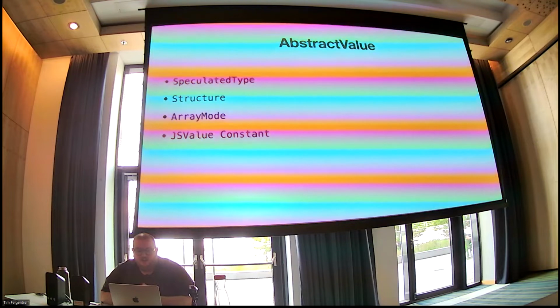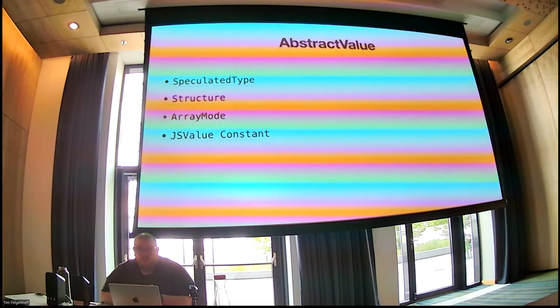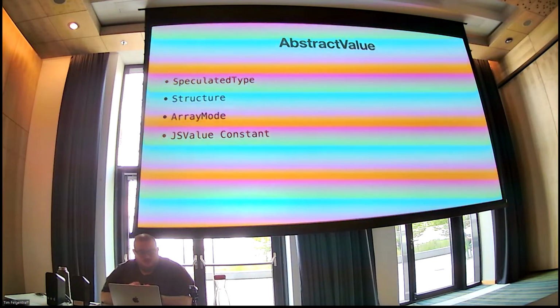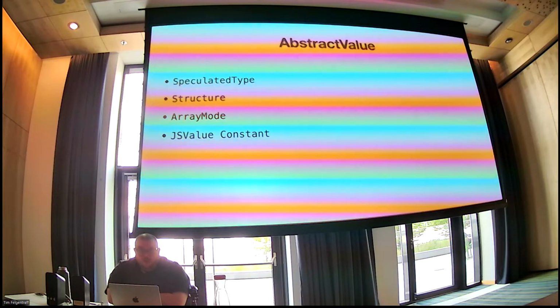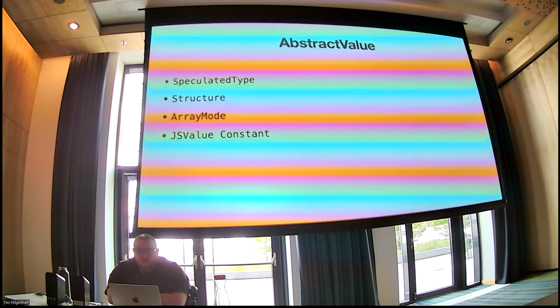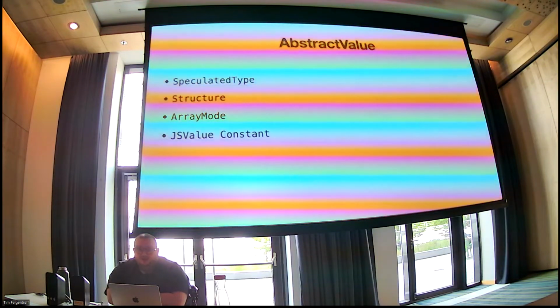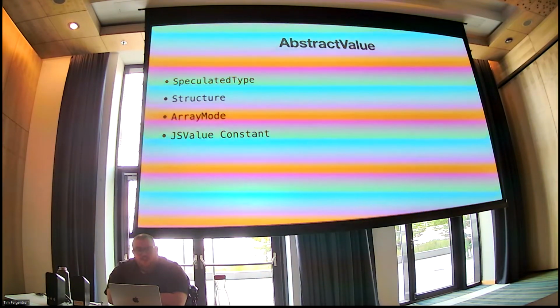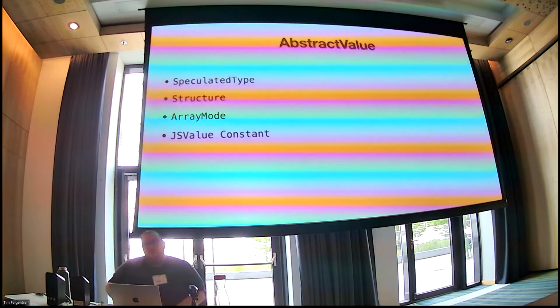Our abstract interpreter will keep track of an abstract value per value-producing node in the IR. The abstract value can represent these four things. You might be a constant, which is the part that will drive constant folding. We also keep track of what we call structure and array mode. These are notions of type that can be mutated by the executing program. Structure is like V8's hidden class, or shape in your VM.